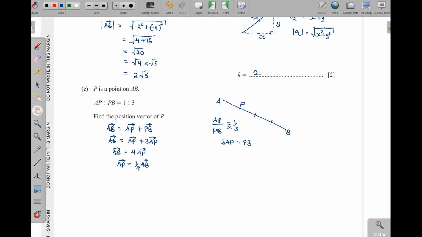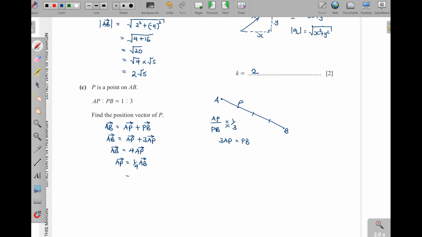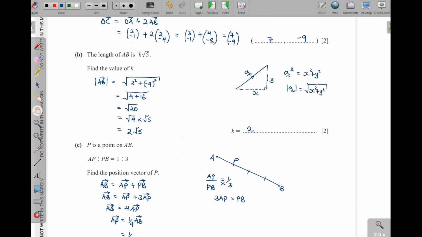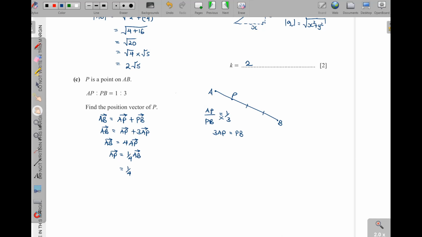So this one is going to be a quarter of AB. AB we are given, it is (2, -4). And of course here you get 0.5. A quarter of 2 is 1 over 2, which is 0.5, and then this one is negative 1.